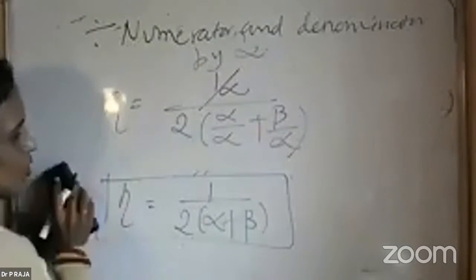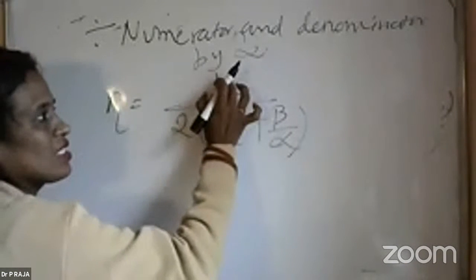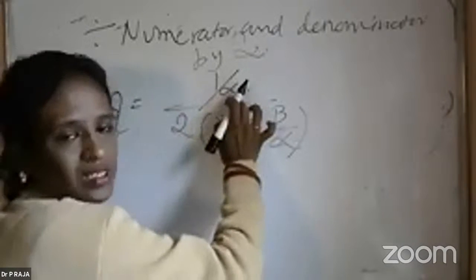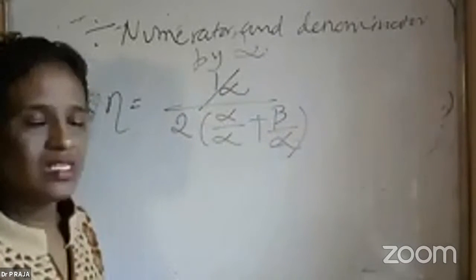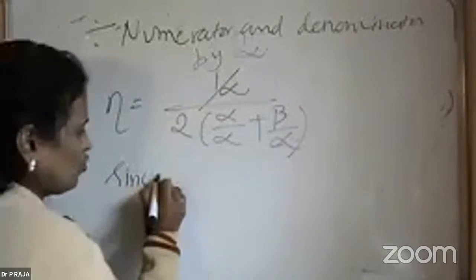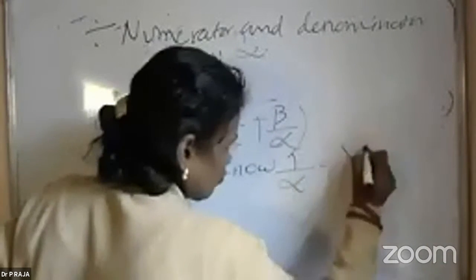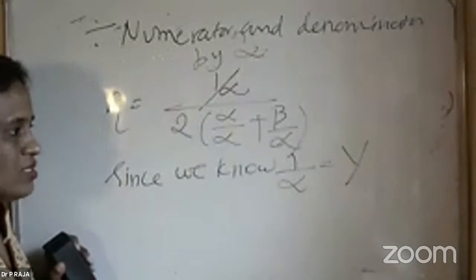Now, as in the previous case, I've already said 1 by alpha, nothing but the linear strain, is equal to this value, since we know 1 by alpha is equal to 1 by Young's modulus.